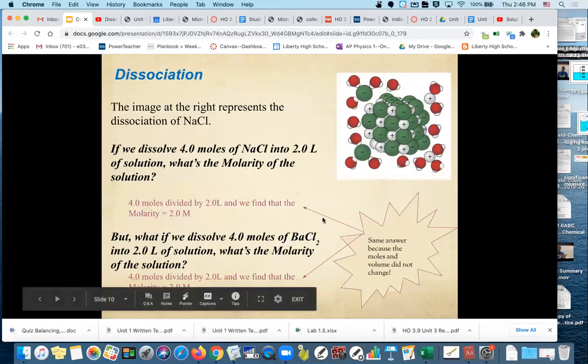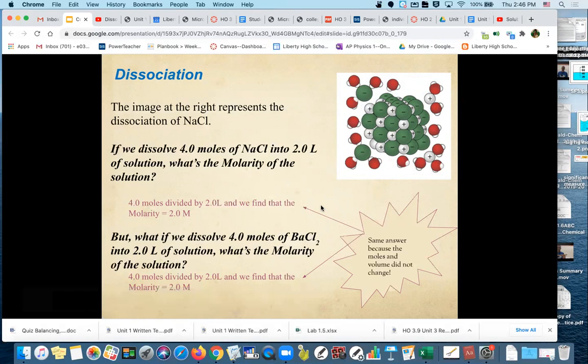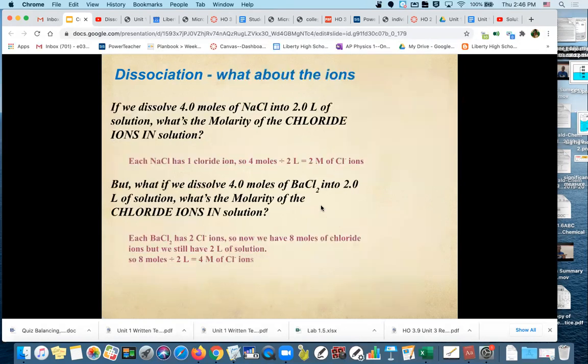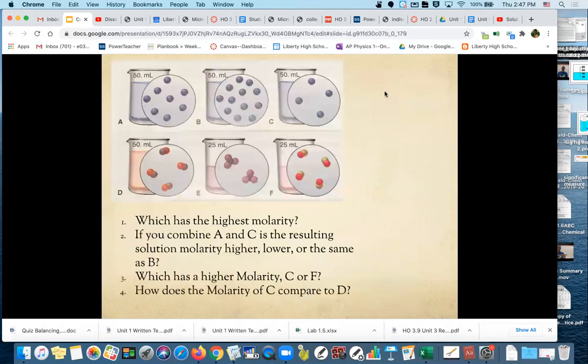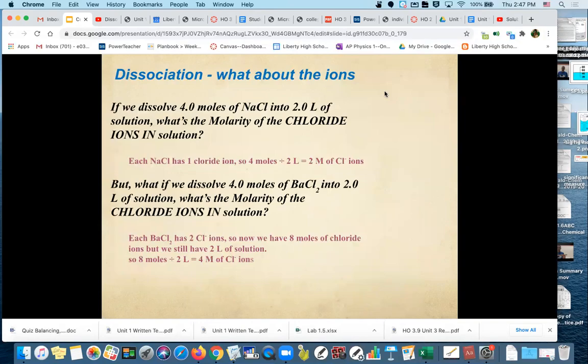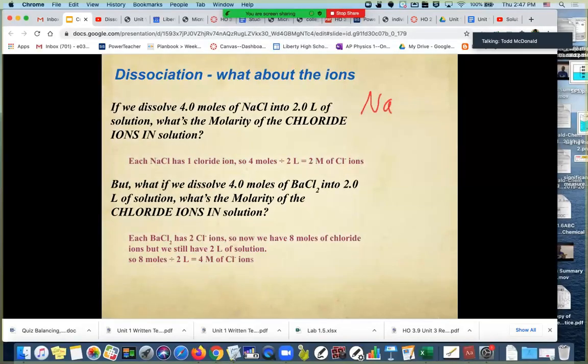If I do the same thing with another solution of 4 moles of barium chloride in 2 liters of solution, we would come up with the same concentration. But what if we only cared about specifically the concentration of chloride ions in solution? Here's what we would have to think about. NaCl, when you put it in water, dissociates to sodium ions and chloride ions.